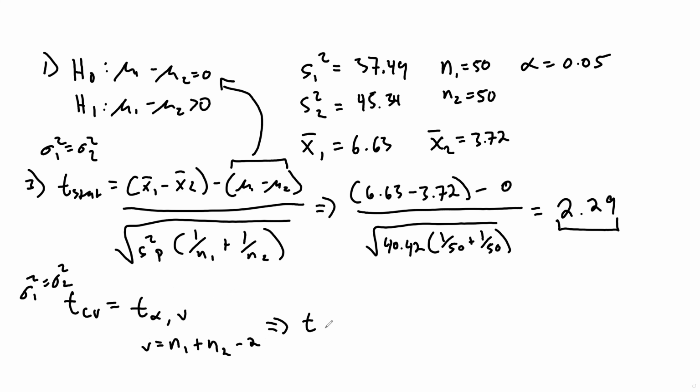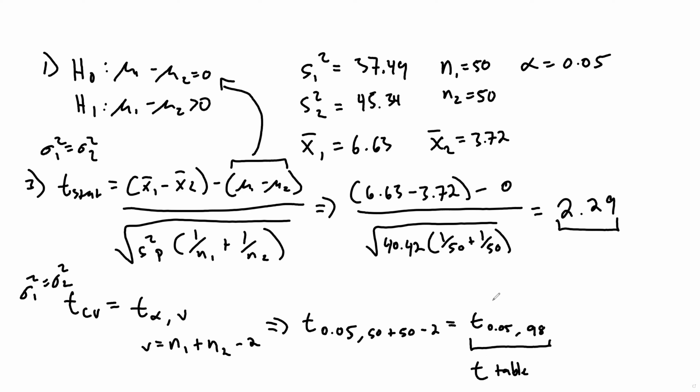So it's t of 0.05, comma, 50 plus 50 minus 2, so t of 0.05, comma, 98. When you look up this portion, this should look familiar. You go to your t table.